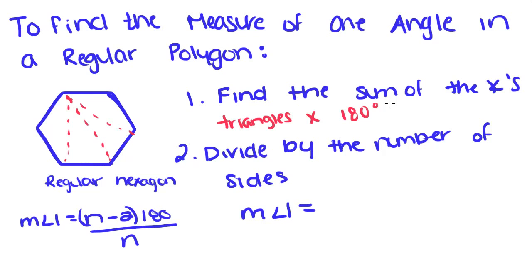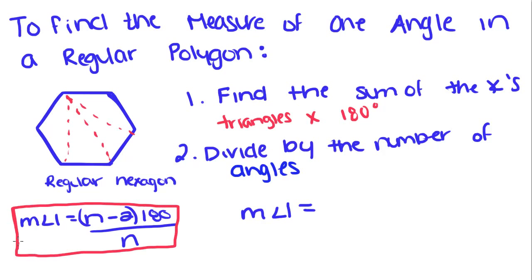And then divide by the number of angles. So this leads us to this little formula right here, which allows us to do this in one step. So n is the number of sides or angles, because this is a hexagon.